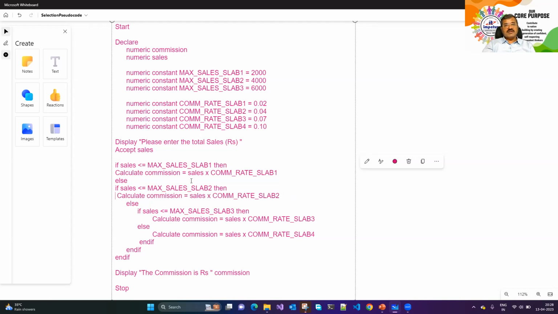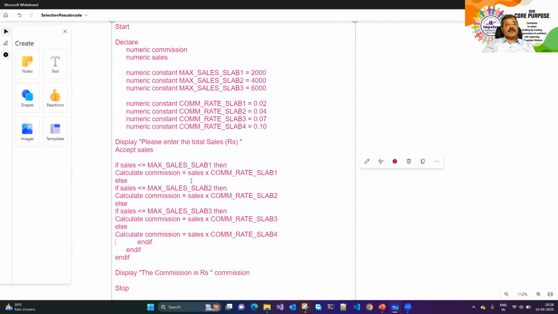This is how I would have written the solution, not leaving any indentation, that means no margin. I have not left any space from the margin. Tell me, is it easy for you to calculate which rate commission has to be paid when? It becomes difficult to read.